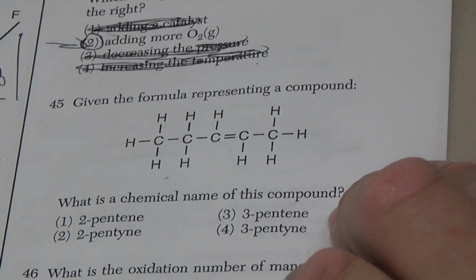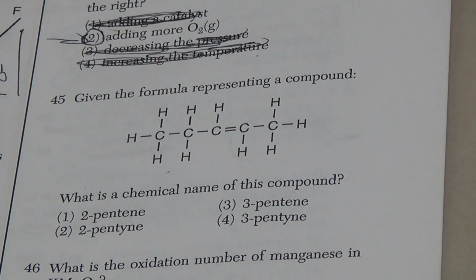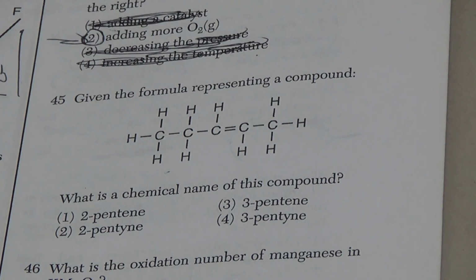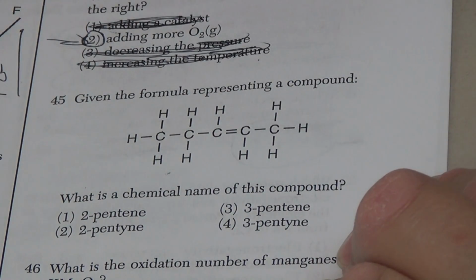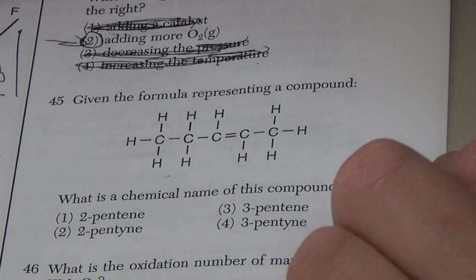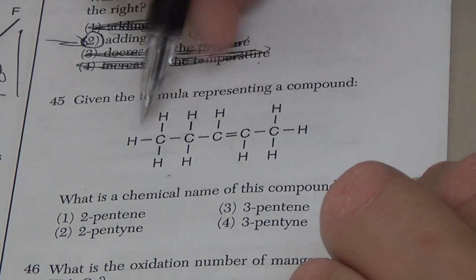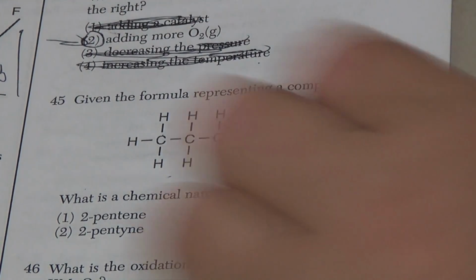Number 45. Given the formula representing this compound, what is the chemical name of the compound? Well, it has 1, 2, 3, 4, 5 carbons, so it's pent. They all have pent. Okay, that doesn't help. Is there anything distinguishing about this? Well, there's a double bond here.